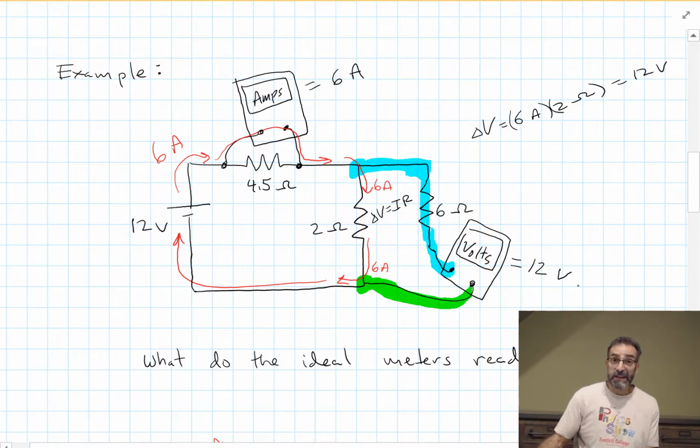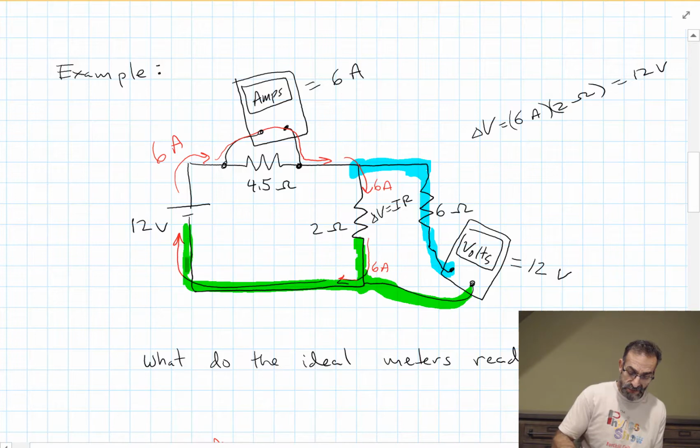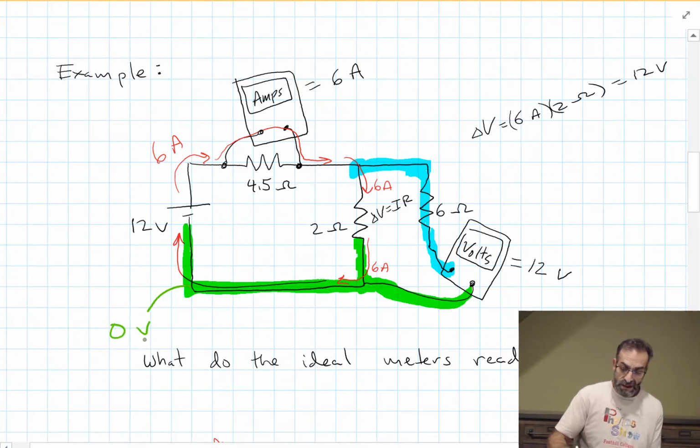We could actually trace these lines back even farther. The green represents an equipotential surface. We could call that 0 volts if we want to. And the blue, let's trace it around. The blue, there's a 0 resistance path through this ammeter, so that doesn't change the potential at all.